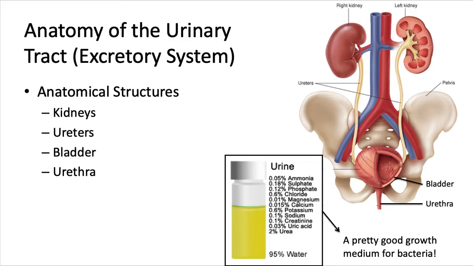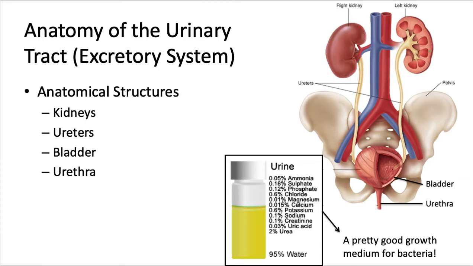And so a bladder infection and a urinary tract infection are relatively synonymous, except urinary tract infections can ascend and infect the ureters and the kidneys. So the kidneys are the organs, they're located in your lower back region.